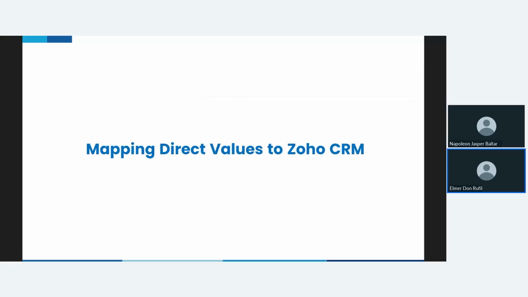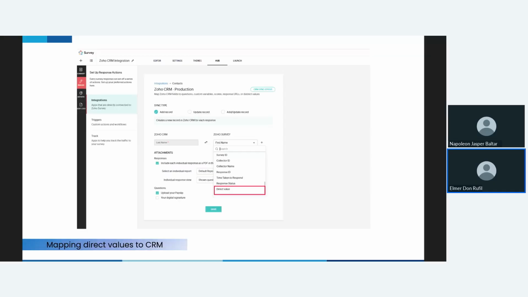So next, we will learn how to automatically assign fixed information to your CRM records without asking respondents to fill them in. So as you can see on the screen, while mapping your survey fields, you'll find another option called direct value. So instead of mapping a survey question to a CRM field, you can manually enter a fixed value that will always be sent to Zoho CRM.